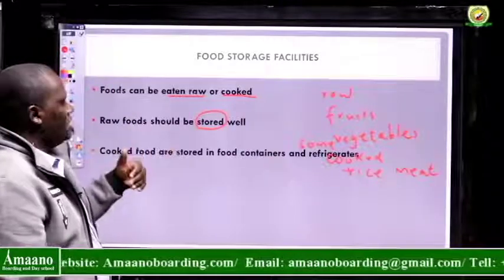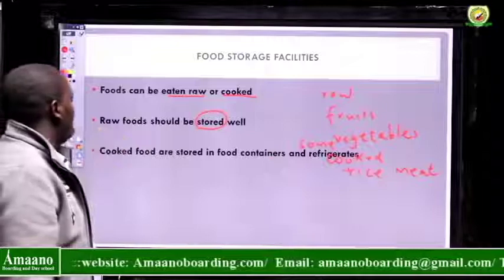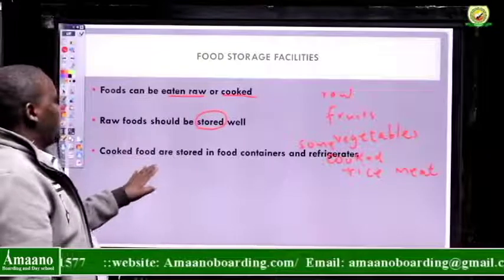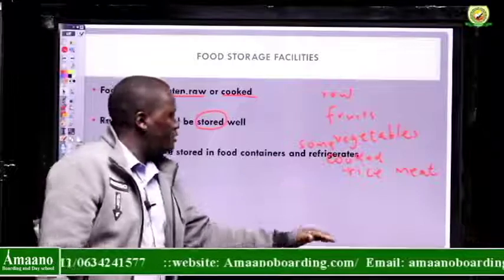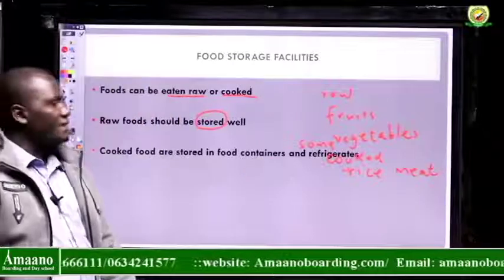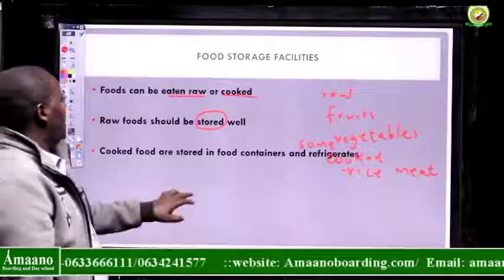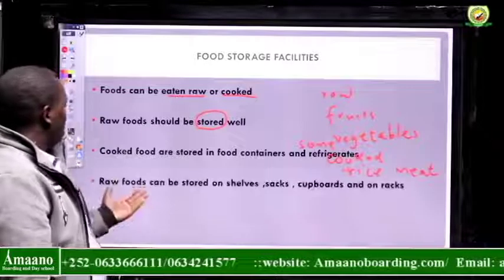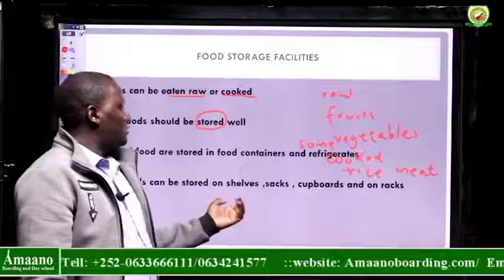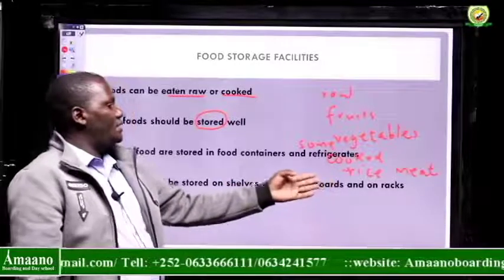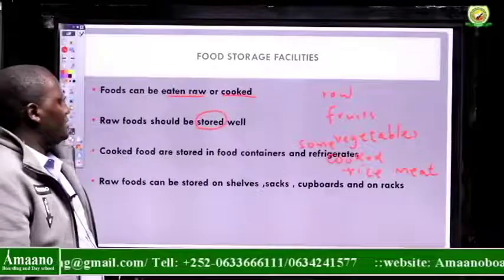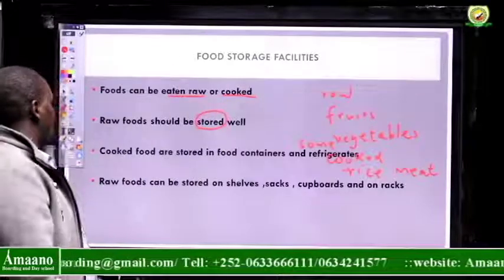That is what we did a few minutes ago. Cooked food, if you leave it without storing it in a container or in a fridge, will get spoiled very fast. Then raw foods can be stored on the shelf, sack, cupboard, and on a rack. That's according to what we did a few minutes ago.